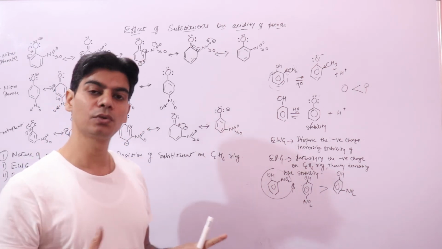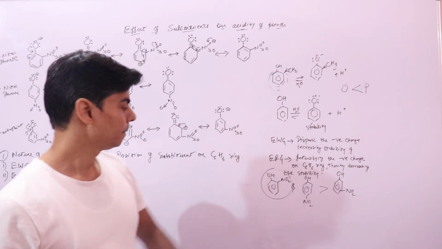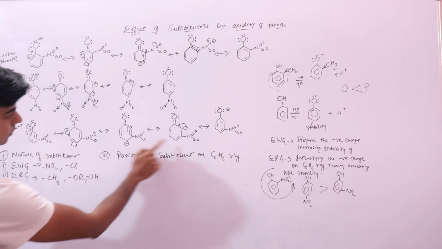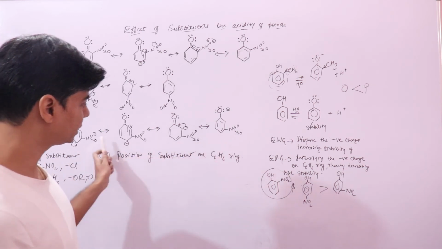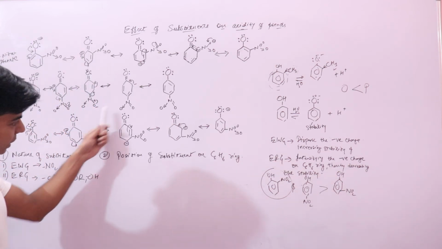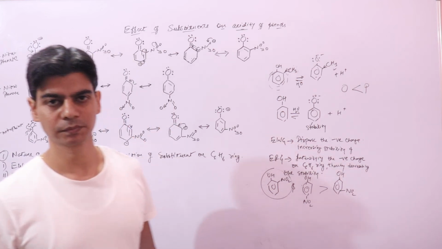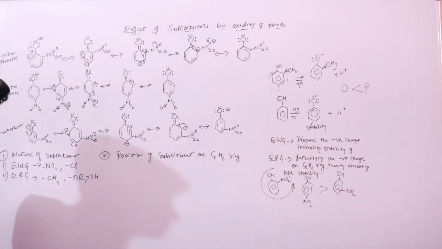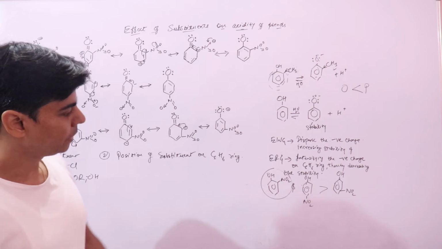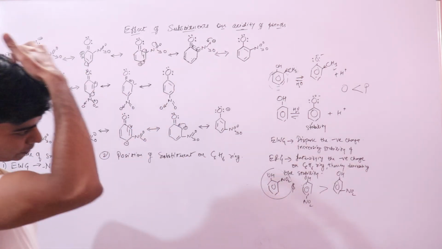So its electron withdrawing effect is less compared to ortho and para. So you have no negative charge on the nitro group in any of the resonance forms of the meta isomer. That is why this is less acidic compared to ortho and para. This is the reason why the meta isomer is less acidic than ortho and para. I hope this point is clear.